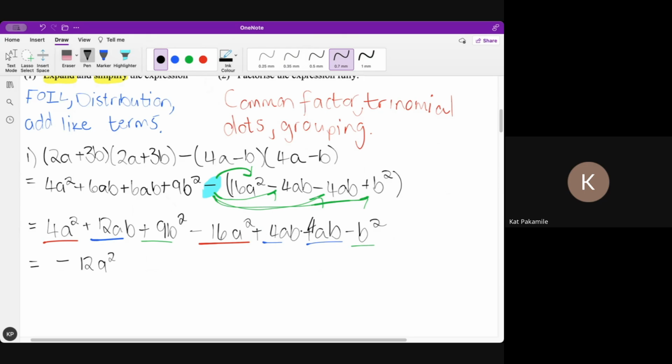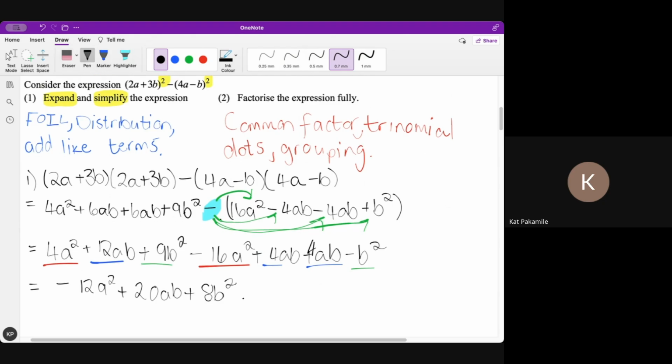Now it is plus 20AB. Okay, and lastly, 9B squared minus B squared plus 8B squared.